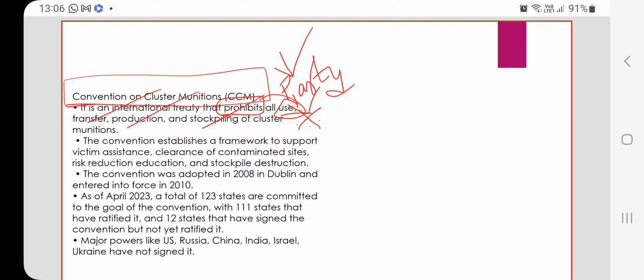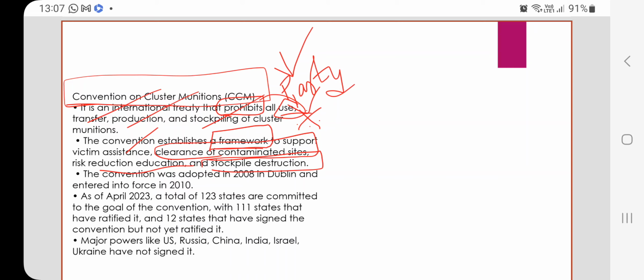It establishes a framework as well. It's a legally binding framework to put in place victim assistance, the clearance of the contamination sites, and risk reduction, and the stockpile destruction. These are what the parties have to do.